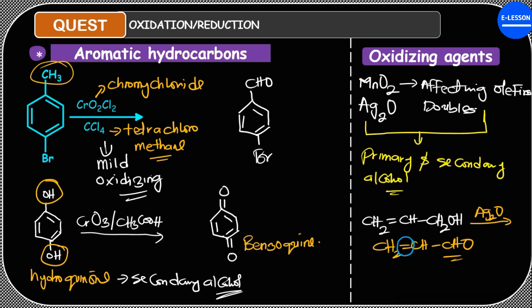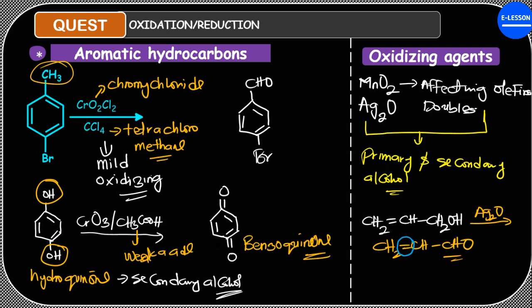Then we also talked about chromium chloride in ethanoic acid. Ethanoic acid is a weak acid. So it oxidizes the secondary alcohols to ketones, which we call benzoquinone.